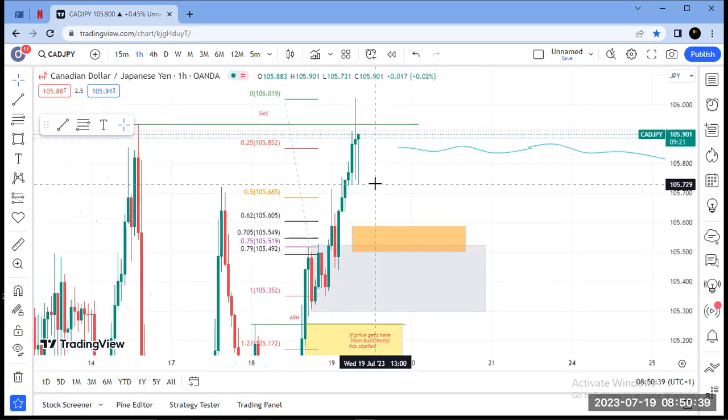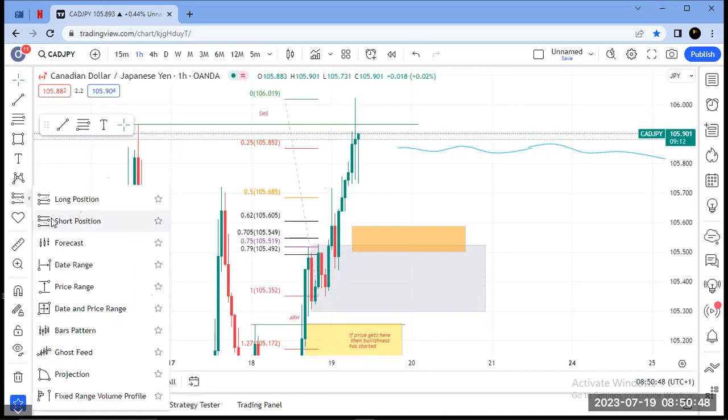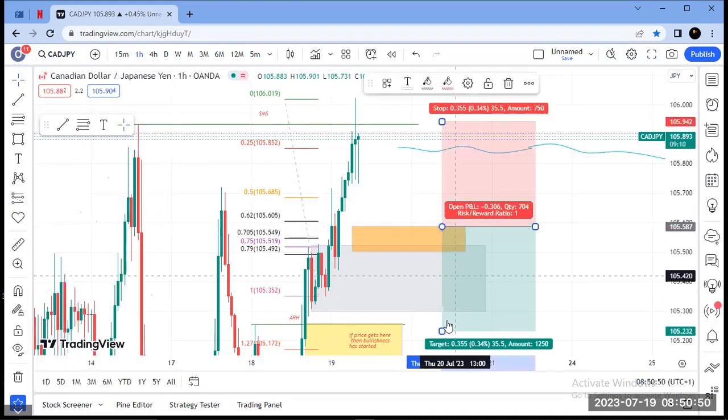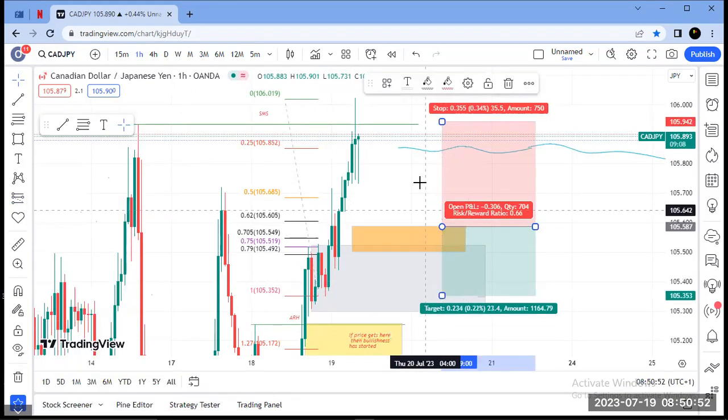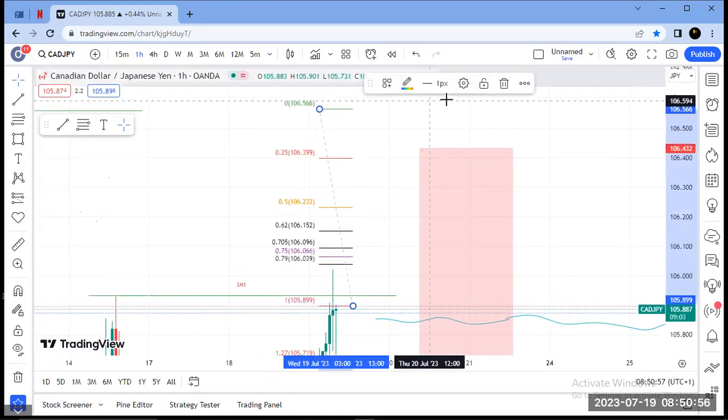If it comes down here and capitalizes, you can look to continue your buys. You put your stop loss at this low here. Then you look to hunt the upside.